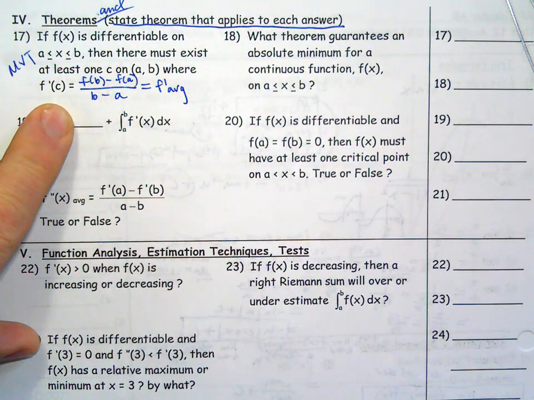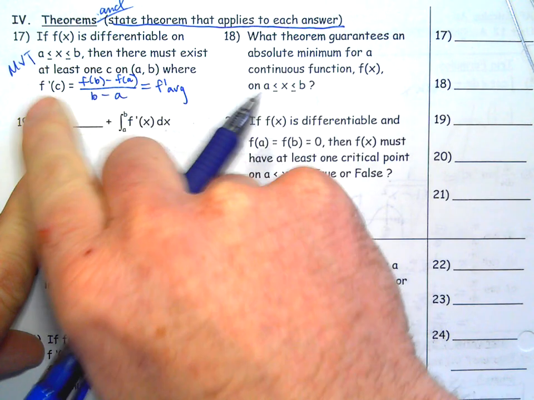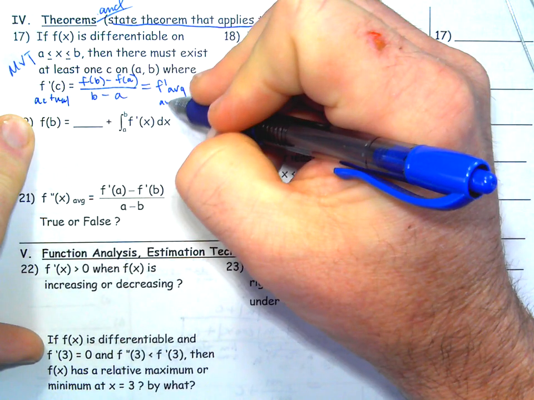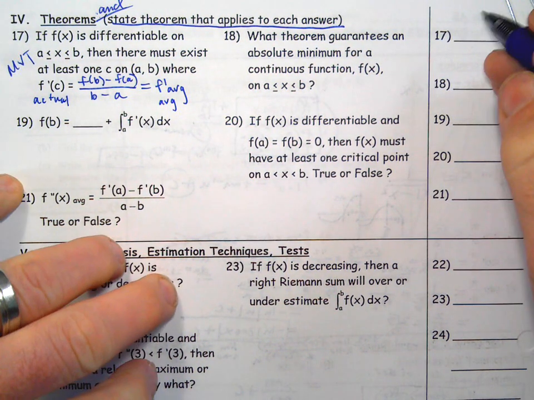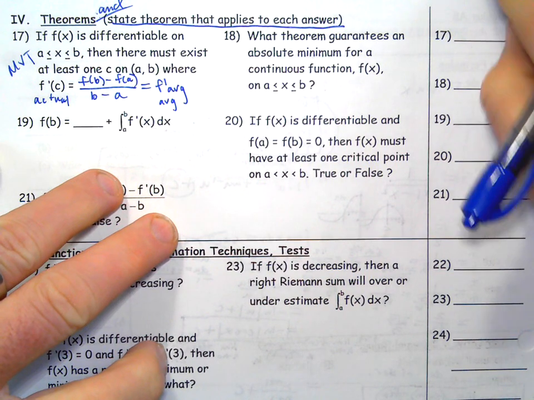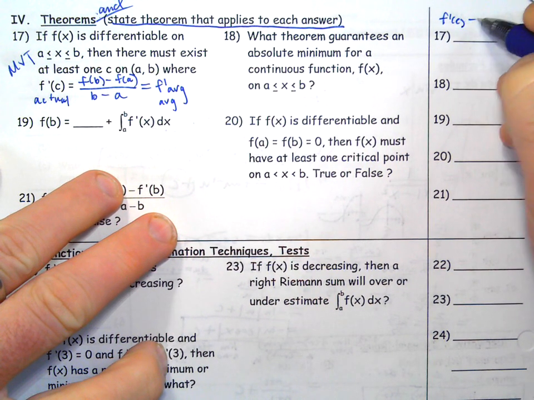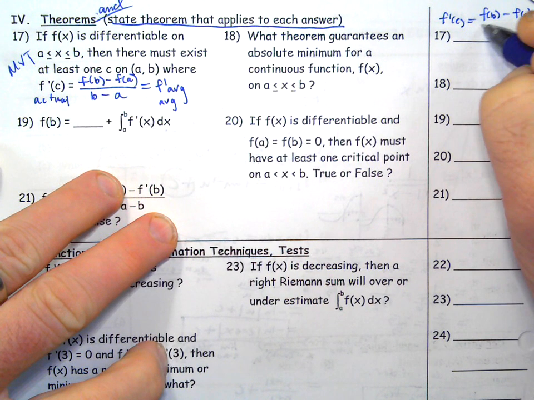And the other part of the mean value theorem guarantees that the actual slope will equal the average slope at some point c between the endpoints. So that's part of your answer. f prime of c equals f of b minus f of a over b minus a.